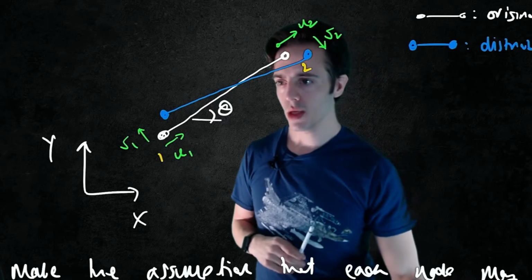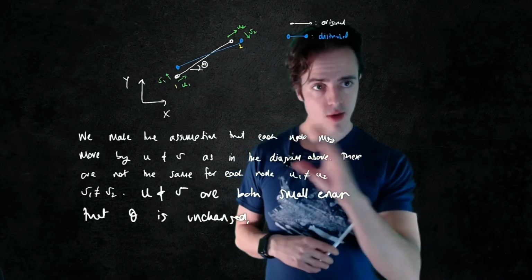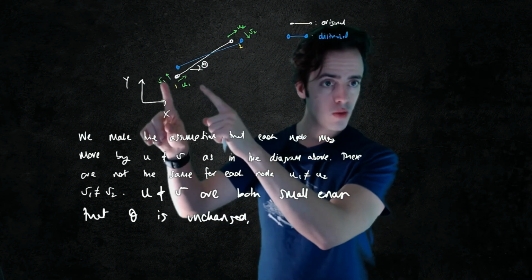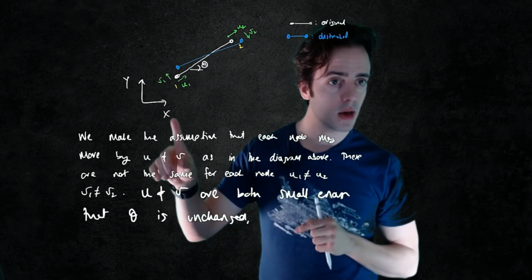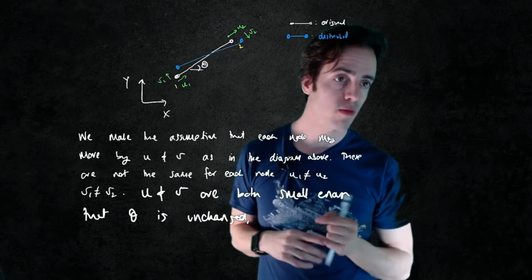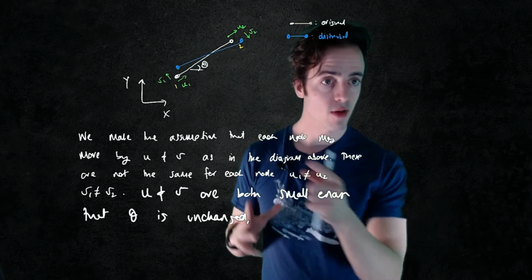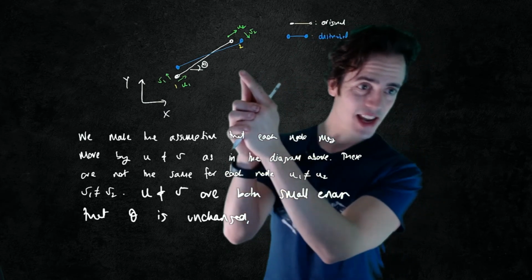Okay, so we can hopefully appreciate that there is going to be some relationship between these local u1 and v1 and these local u2 and v2 and some global displacements in the xy reference frame, and it's only going to be related by the orientation angle, theta.